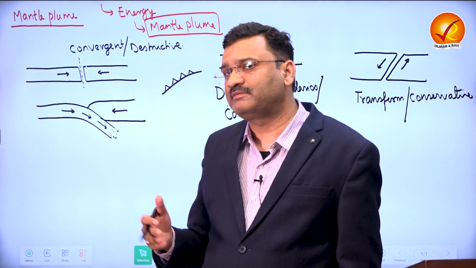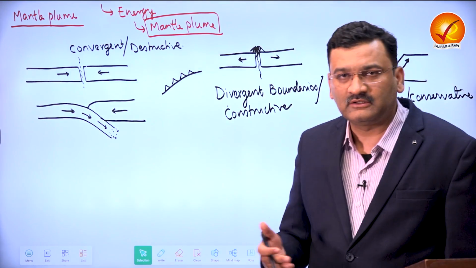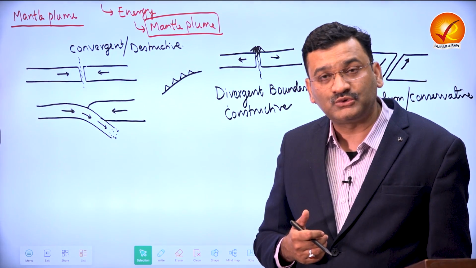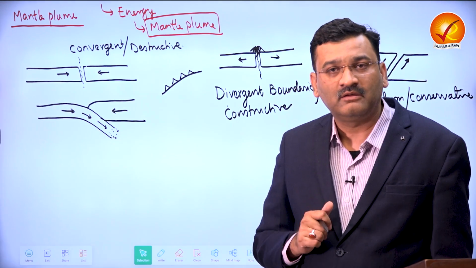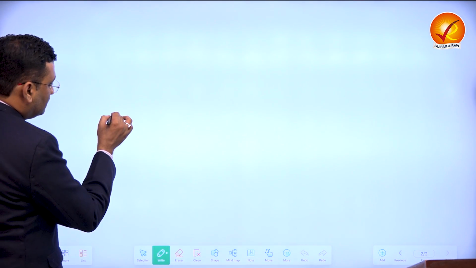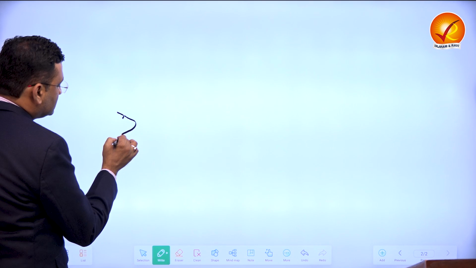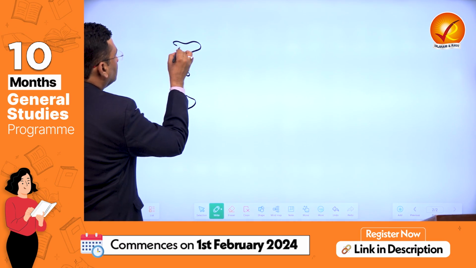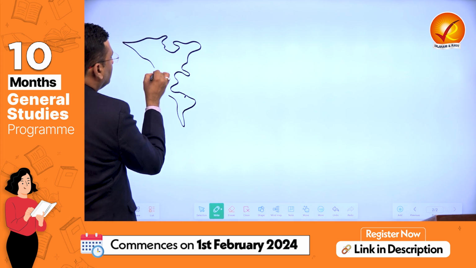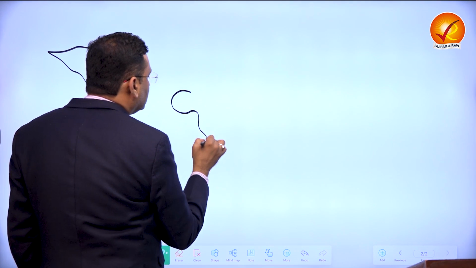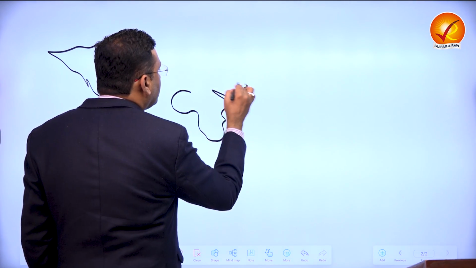Suppose you are looking at the world map, we can classify the plates into two, that is major plate and minor plate. So here I can show it through the map.